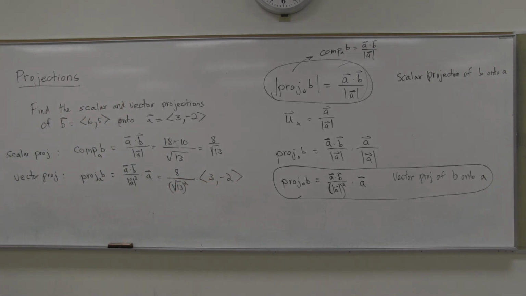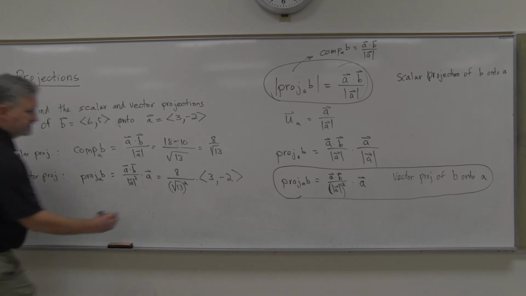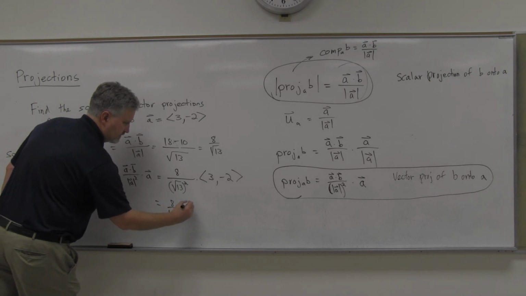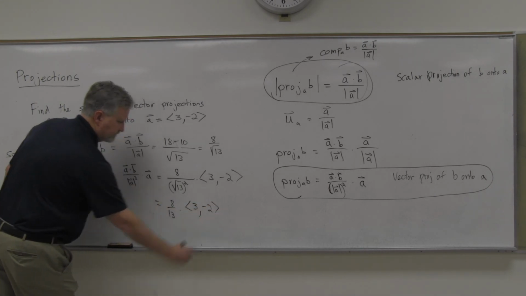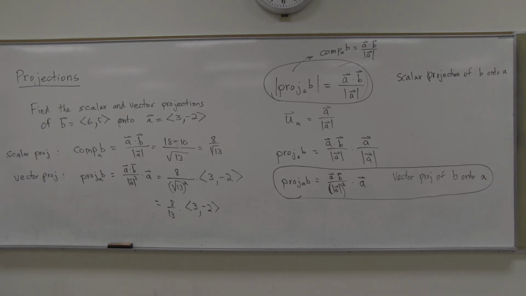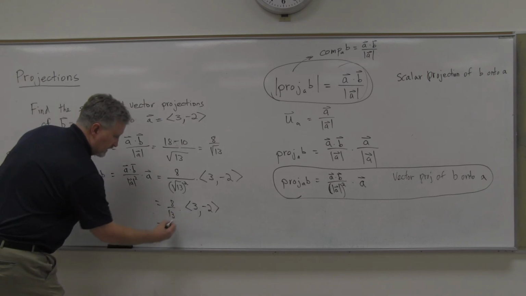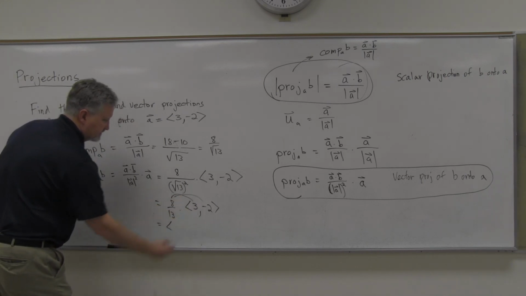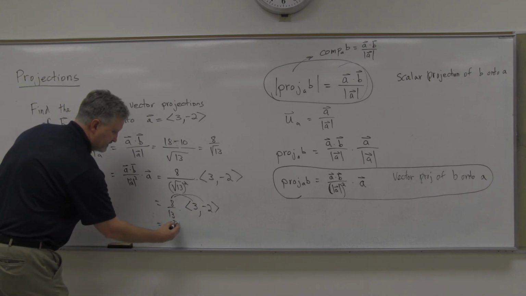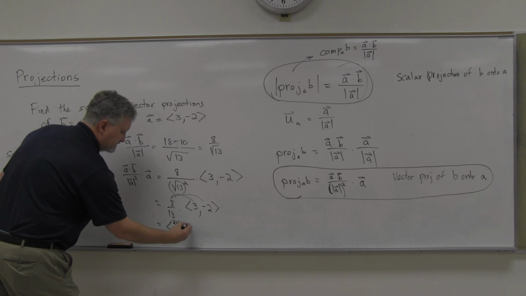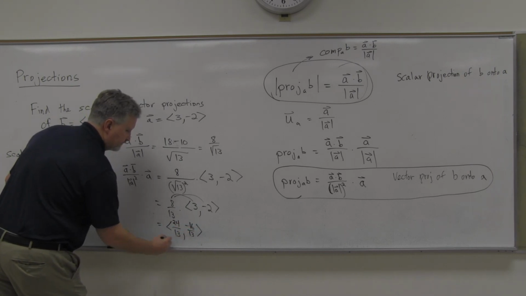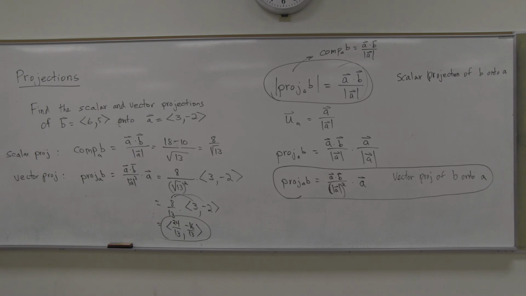So you've got all parts of it computed, just have to put them together. It's just 8/13 times that vector. Like I said, squaring it usually just gets rid of that square root. So if we put the 8/13 in there and distribute, 24/13 would be the I component, and negative 16/13 is the J component. Again, it's just a formula, plug it in, you got it. Is that all right?